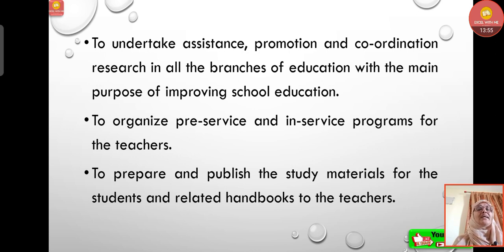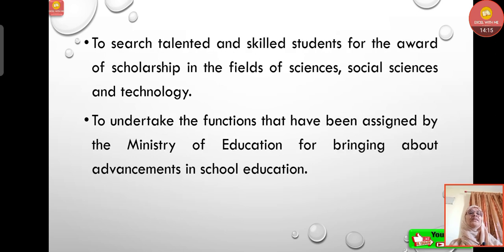Then to undertake assistance, promotion and coordination of research in all the branches of education with the main purpose of improving school education. Then to organize pre-service and in-service programs for the teachers. Then to prepare and publish the study materials for the students and related handbooks for the teachers.